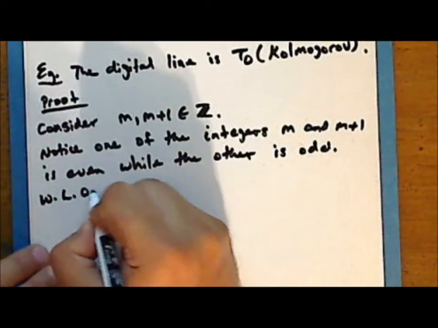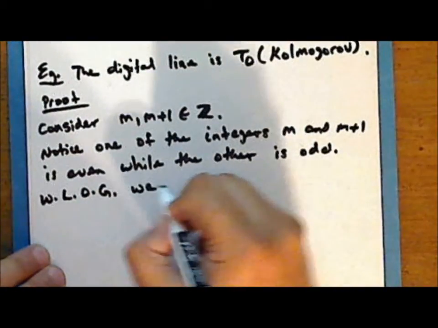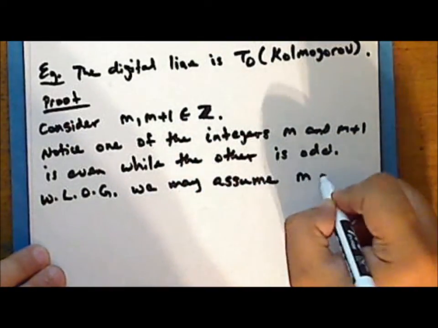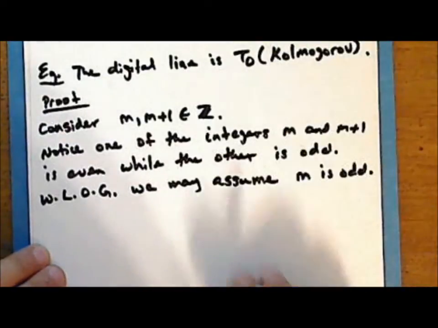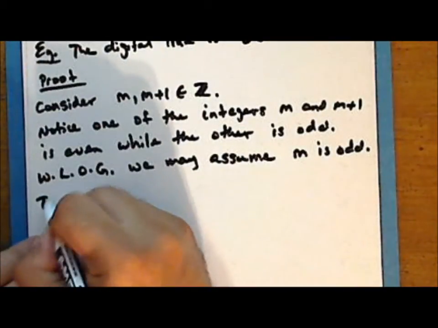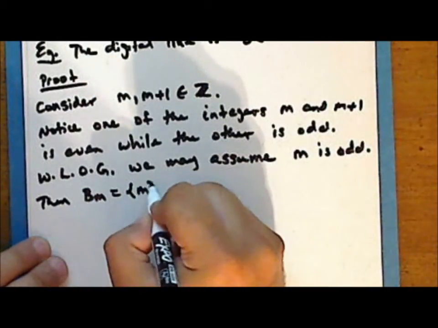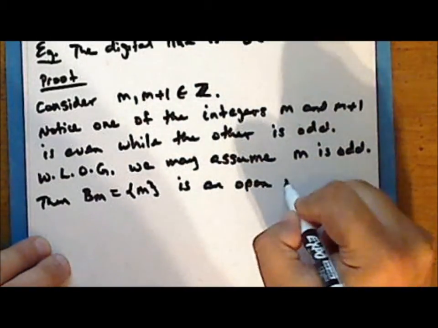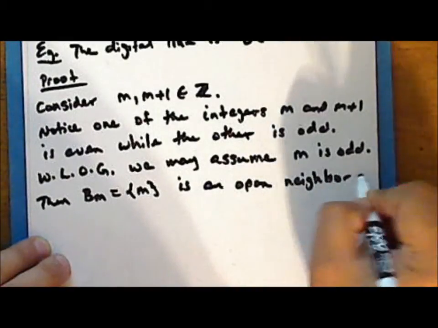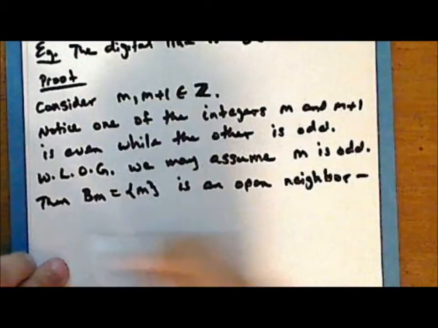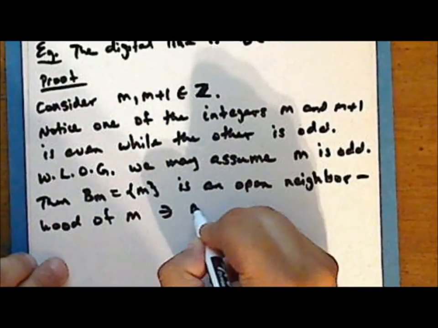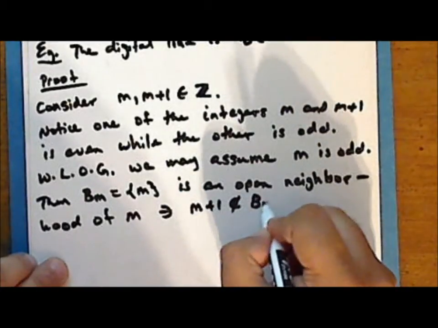Without loss of generality, we may assume that the integer m is odd. Then the basis element b sub m, which is the singleton containing the integer m, is an open neighborhood of the integer m, such that the integer m plus 1 is not in this neighborhood.